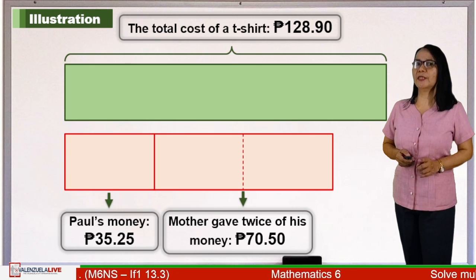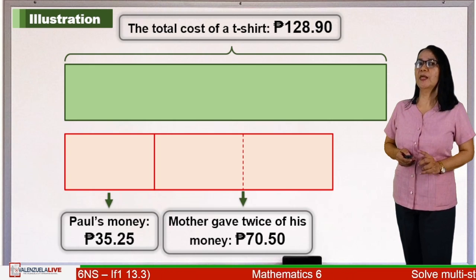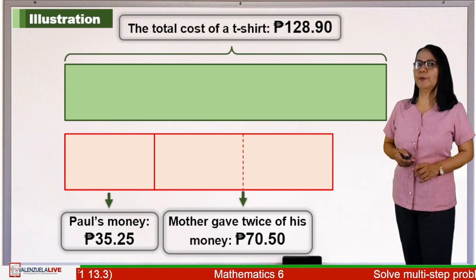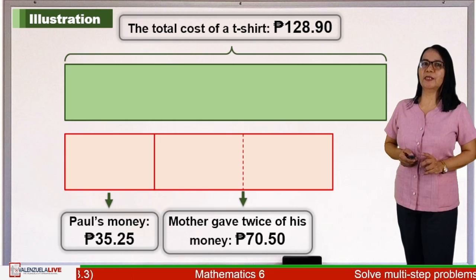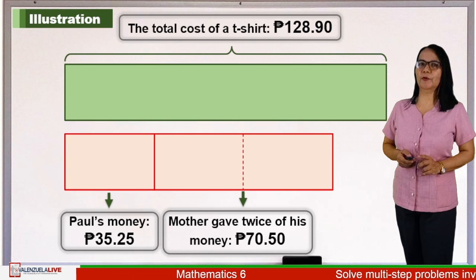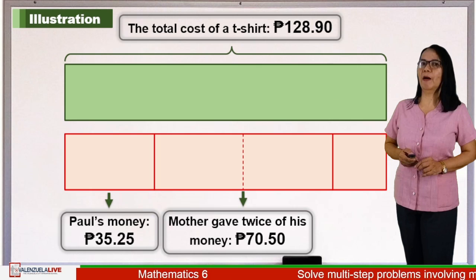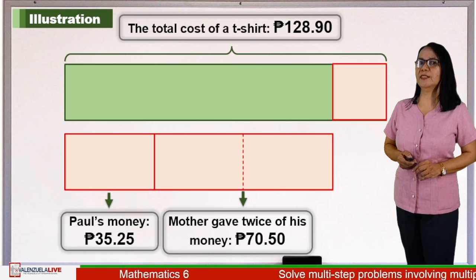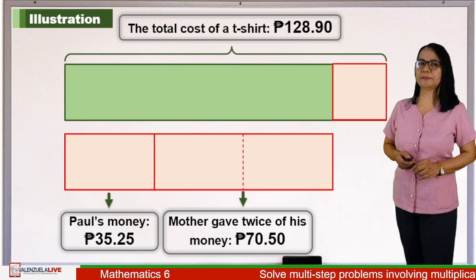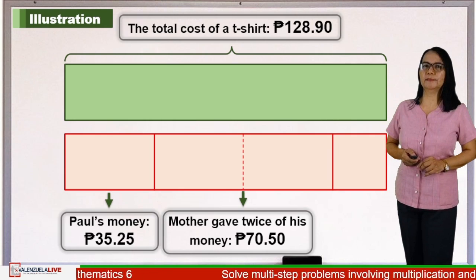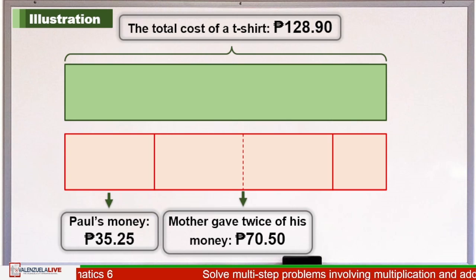It is 2 times 35 pesos and 25 centavos, equal to 70 pesos and 50 centavos. Therefore, his mother gave him 70 pesos and 50 centavos. The third part is the unknown. How will you find the value of this part?